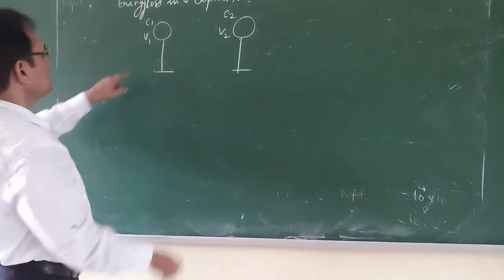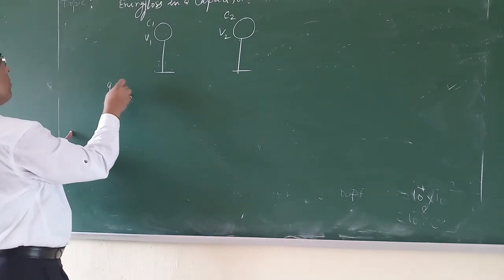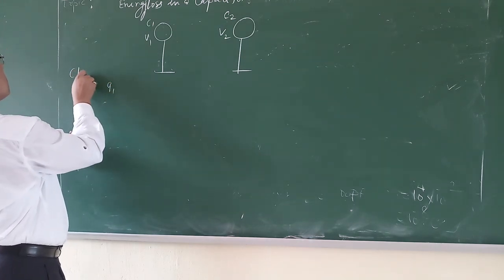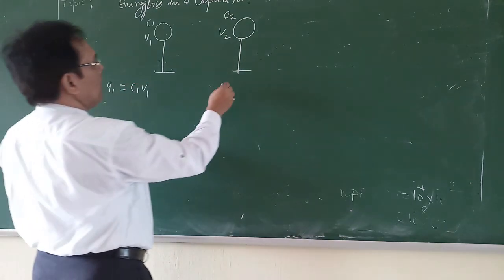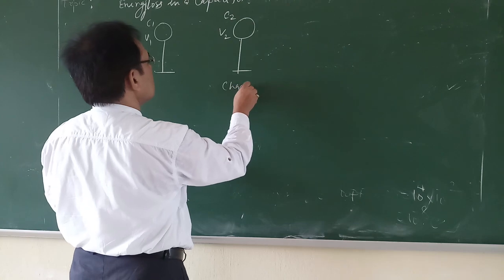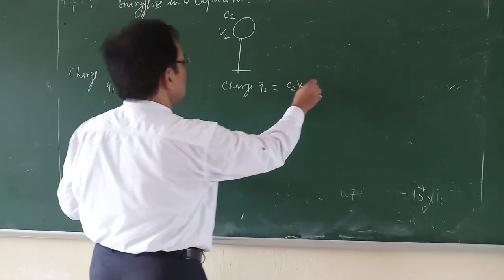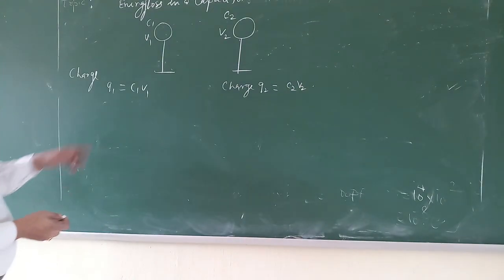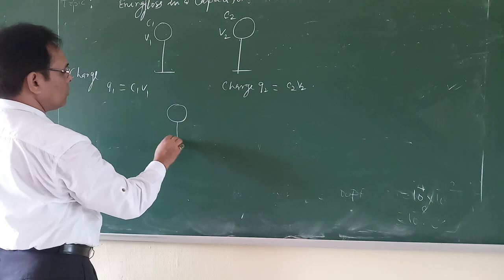So charge on this capacitor, charge Q1 equal to C1 V1, and here charge Q2 equal to C2 V2, and after that both the capacitors are connected together.